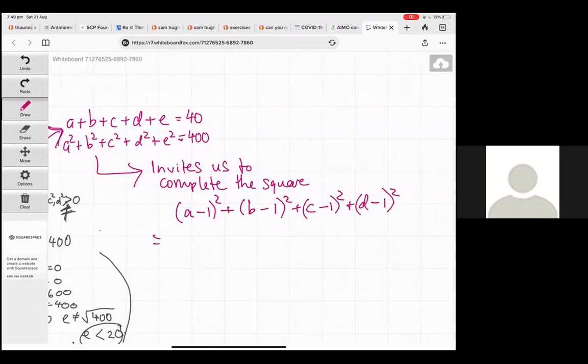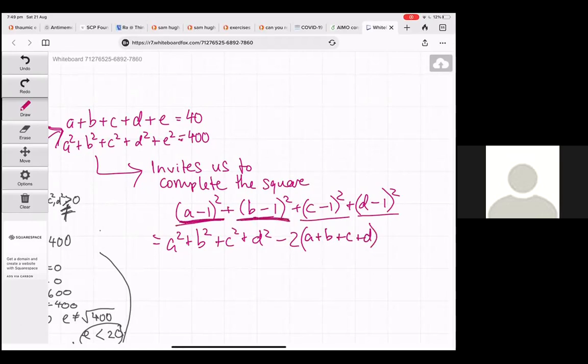Well, we get a squared plus b squared plus c squared plus d squared from each of these expansions. But then you have to subtract 2 of their sum, because we always get minus 2a in here, minus 2b in here, and so on. But then we have to add the constant term on the end, so plus 1, plus 1, plus 1, plus 1.